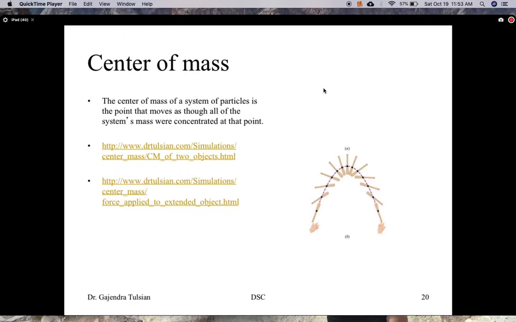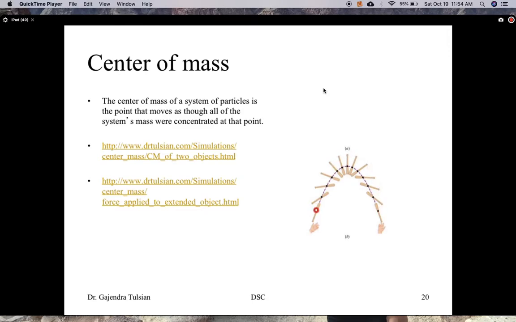Now we'll talk about something called the center of mass of an object or a system. Okay, let's look at this. If you toss a baseball bat, you can see that none of the points on the bat go on a parabolic trajectory.